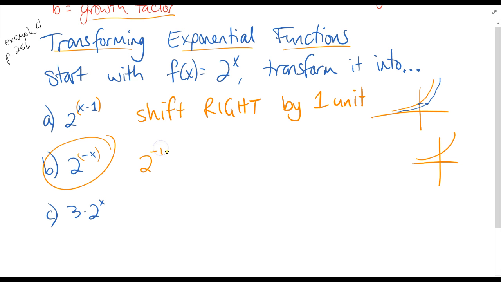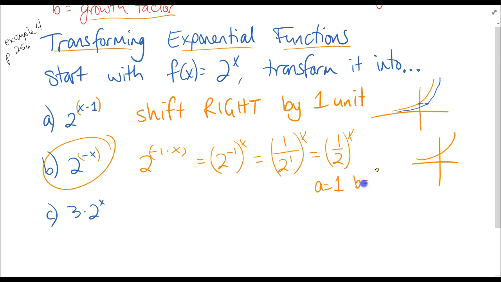So 2 to the negative 1 times x, which can also be rewritten as 2 to the negative 1 to the x, which would actually be the same as 1 over 2 to the positive 1 to the x, which of course then is 1/2 to the x power. So wait a minute, that's actually an initial value of 1. So a is still 1 and b is 1/2.